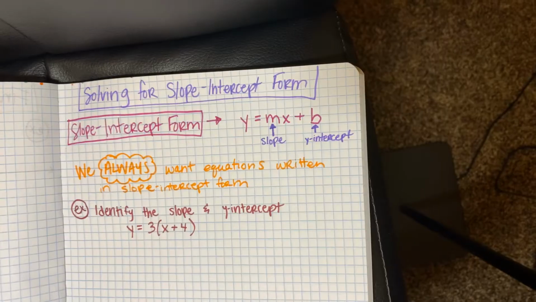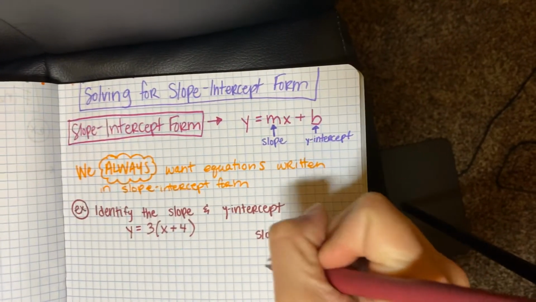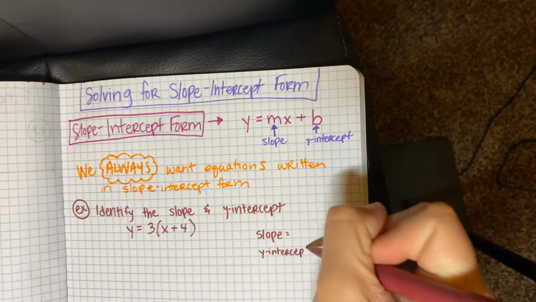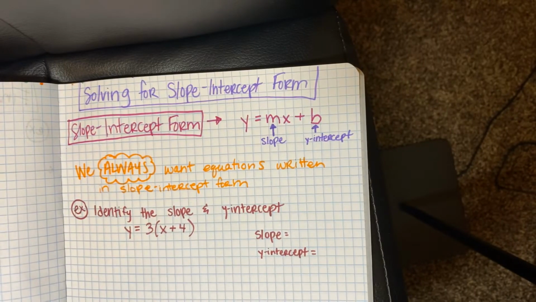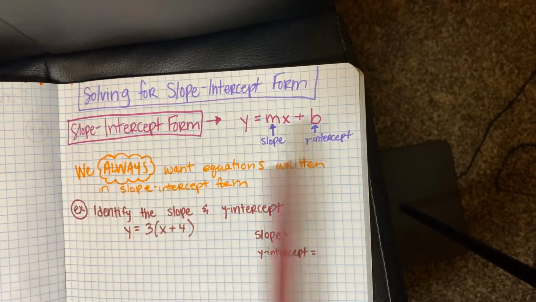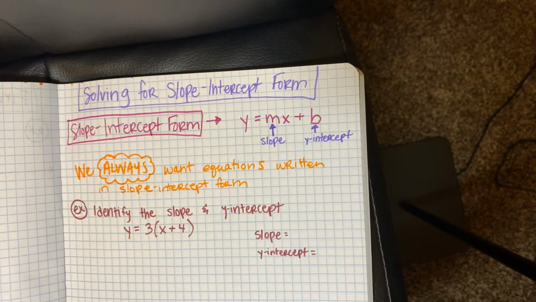Now, in this problem, we are going to be identifying the slope and the y-intercept. And looking at this problem, we don't automatically know what the slope and y-intercept are. We don't know because it's not in this form yet. We have to put it in that form in order to clearly see what the slope and the y-intercept is.